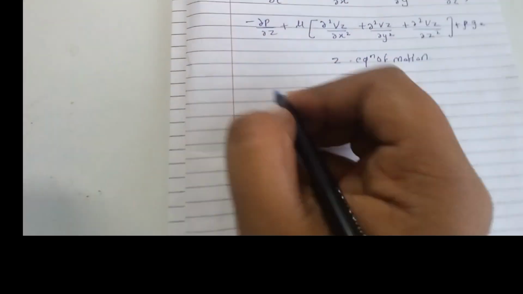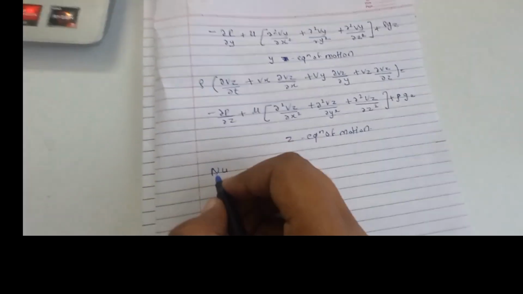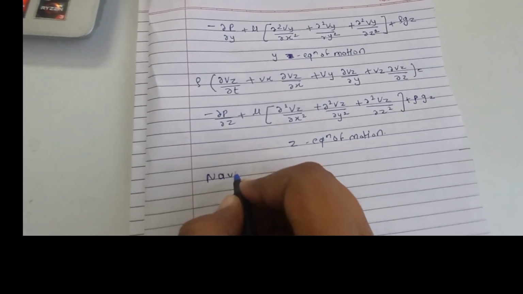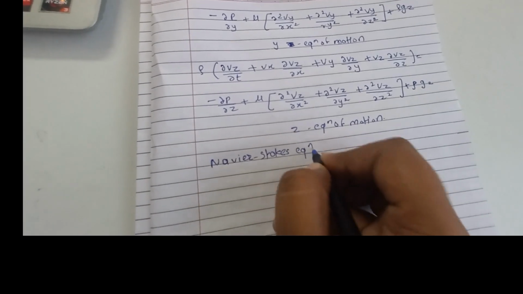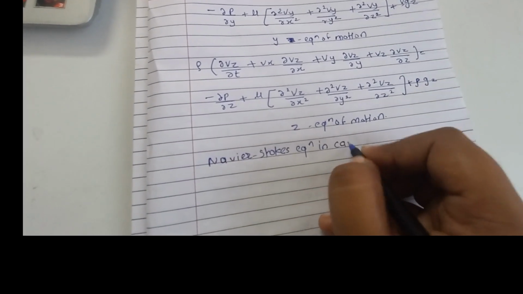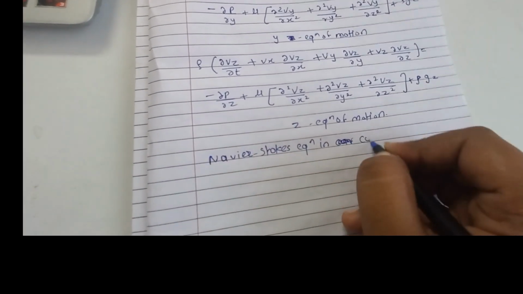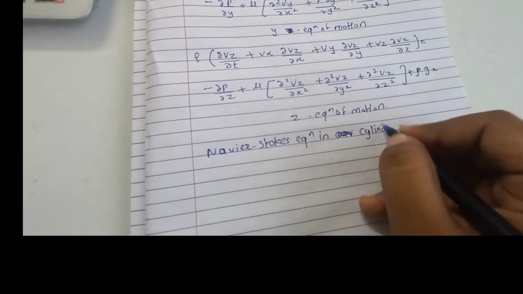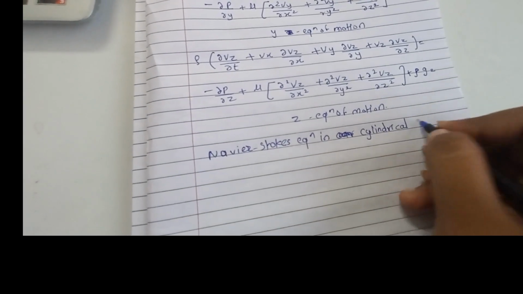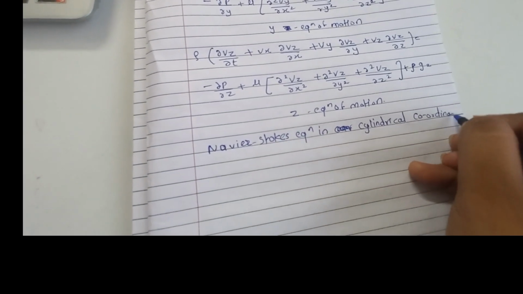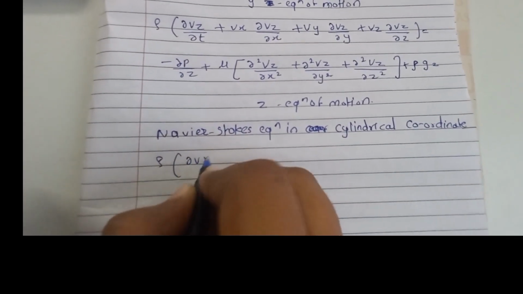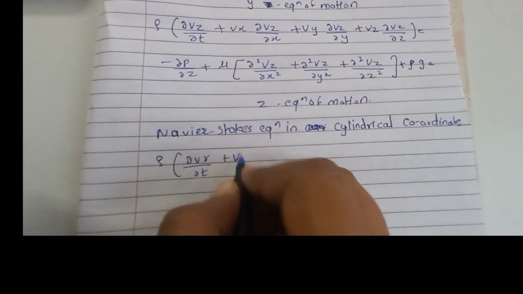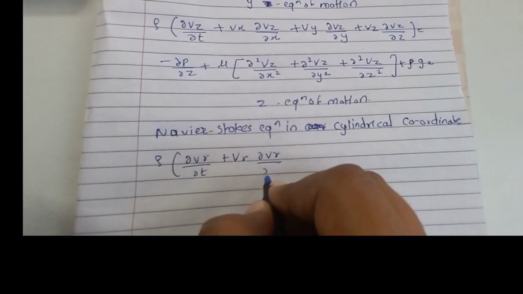Similarly, we can derive the Navier-Stokes equation for cylindrical coordinates, and apply it also for the spherical coordinate system. First we are going to write the Navier-Stokes equation for the cylindrical coordinate system: density into del Vr upon del t plus Vr into del Vr upon del r.